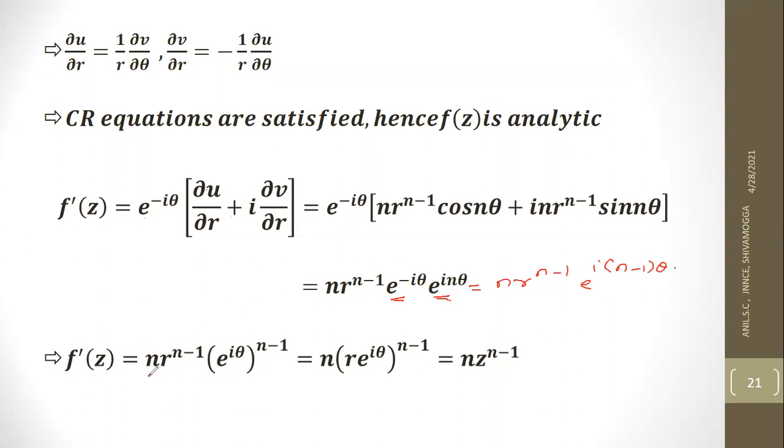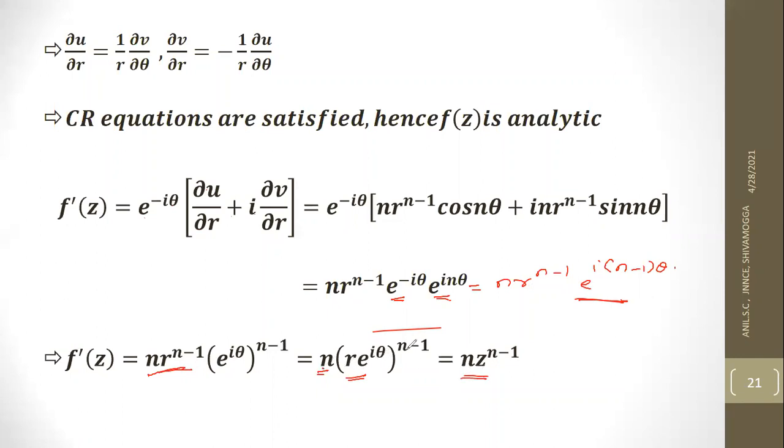This is equal to n into r power n minus 1 as it is, e power I theta whole power n minus 1. Keep this n as it is, r power n minus 1, e power I theta power n minus 1. Collectively, this is r into e power I theta whole power n minus 1, and r into e power I theta is denoted by z.